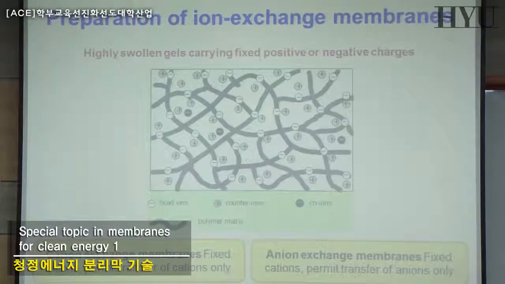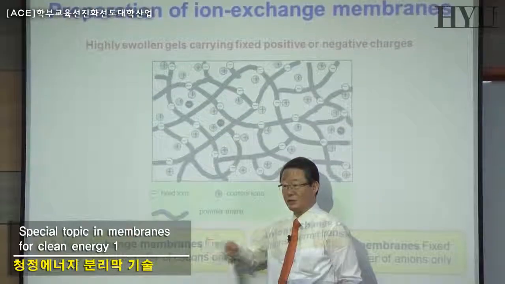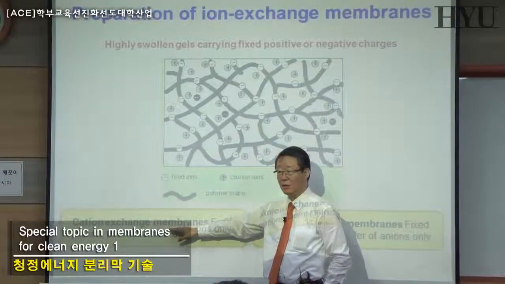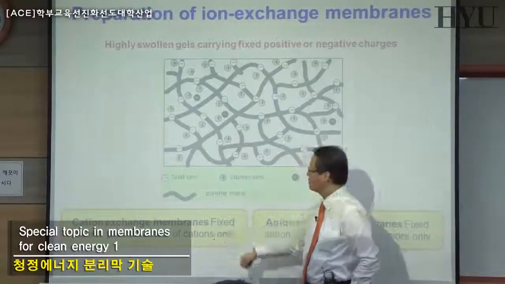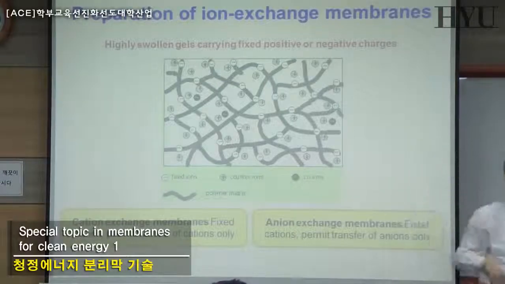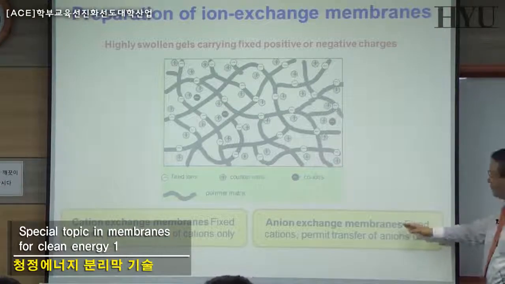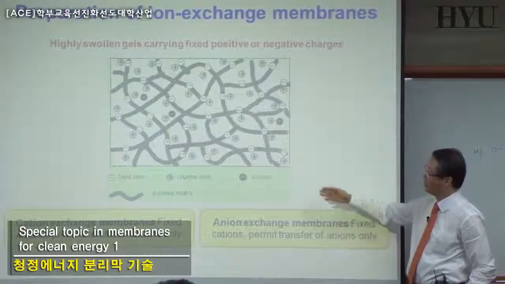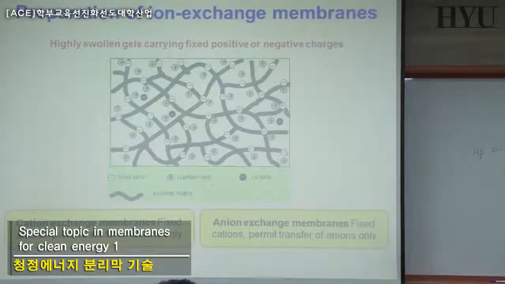So although the name is cation exchange membrane, it doesn't have any cations in the membrane, okay? Because it exchanges the cations. So a cation exchange membrane should have negatively charged ions in the membrane, such as sulfate, whereas an anion exchange membrane has a fixed cation, like ammonium, so that you can exchange the anion through those fixed cations.